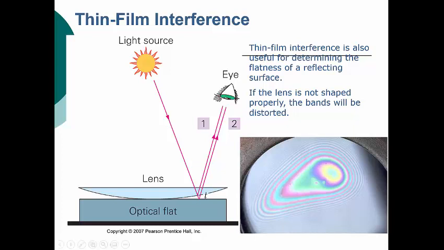And because the interference pattern is not symmetrical, we know that the crystal that we just attempted to make flat is not exactly flat on that surface, and we'd have to send it back to polishing, right? So it's those distorted rings that tell us that the layer of air between the optical flat and the lens is not uniform.